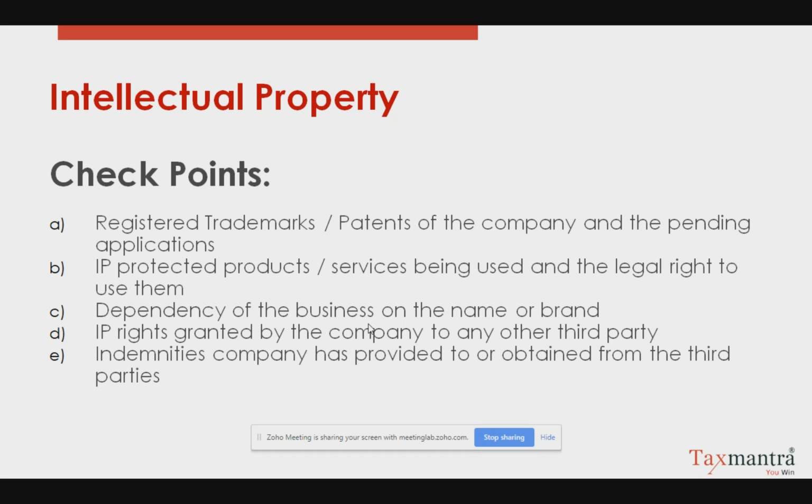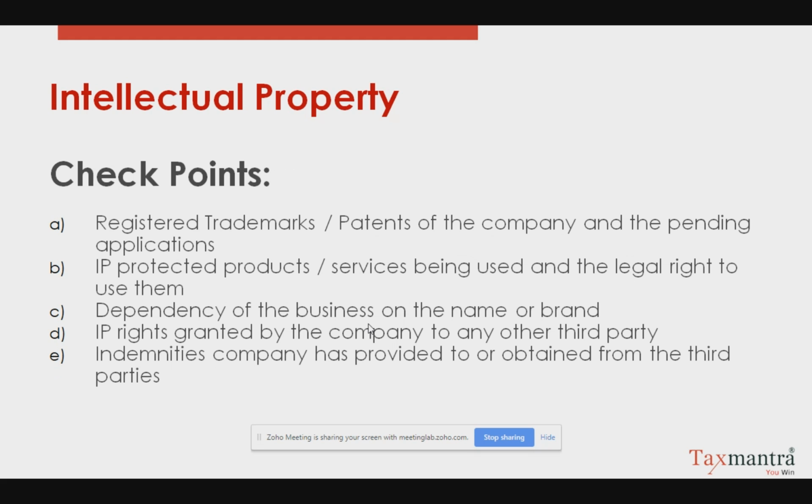Recently, there has been a case where a company which has been in operation for the last 10-15 years had been using a particular brand name, and the company had been doing very well. Suddenly, a big company which had a trademark registered with the same brand sued this company.